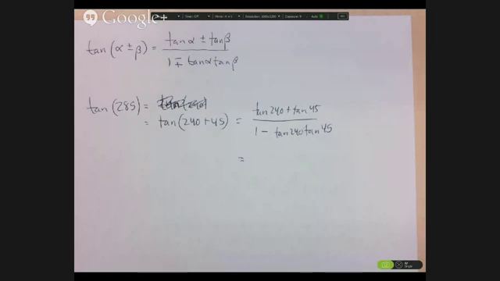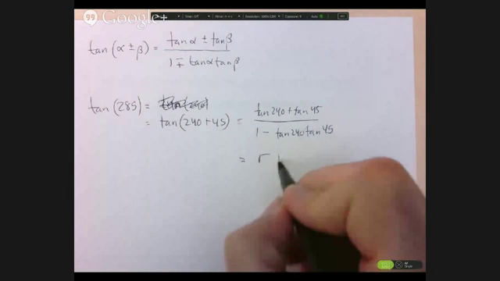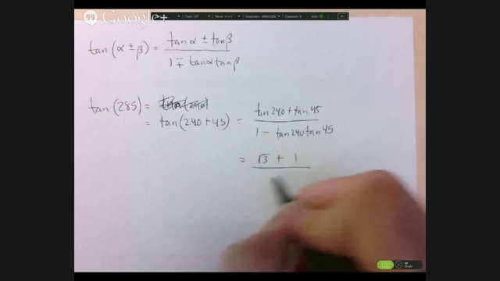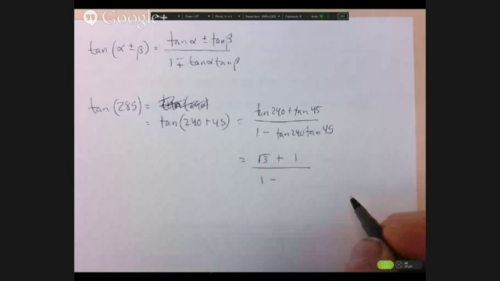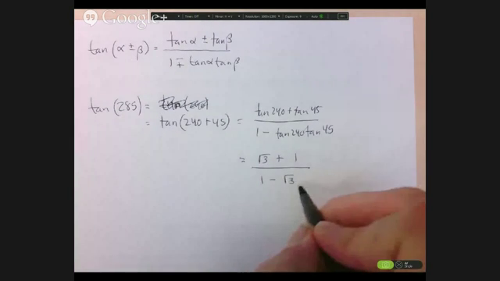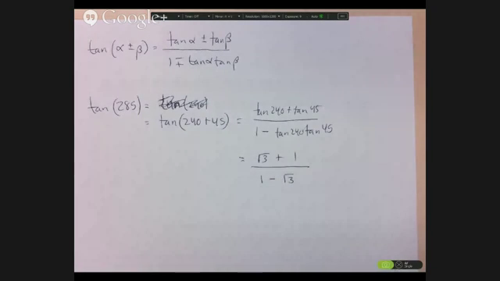Go tan 240. 3 plus 1, 1 minus root 3 times 1. You don't need to worry about it. Am I done? Doesn't it equal 1? When it equals 1. You betcha.